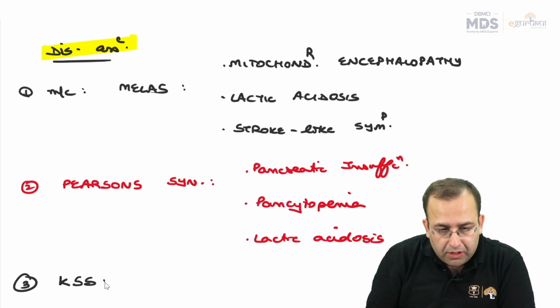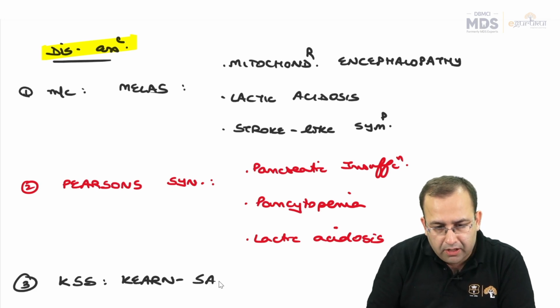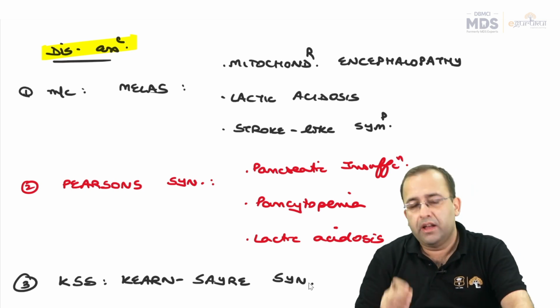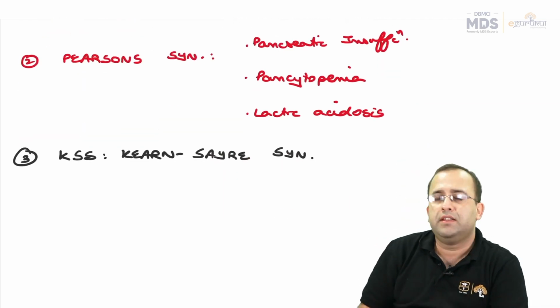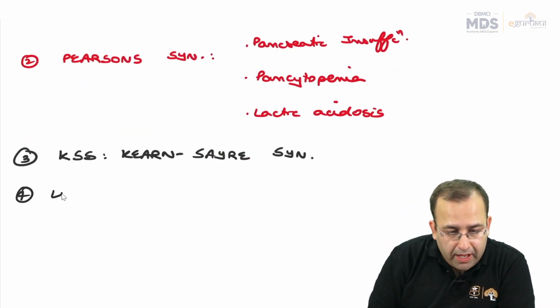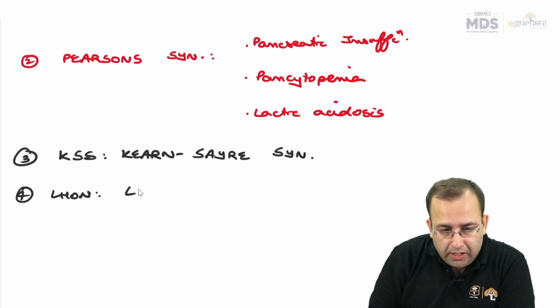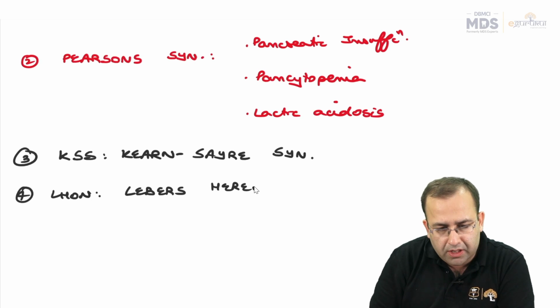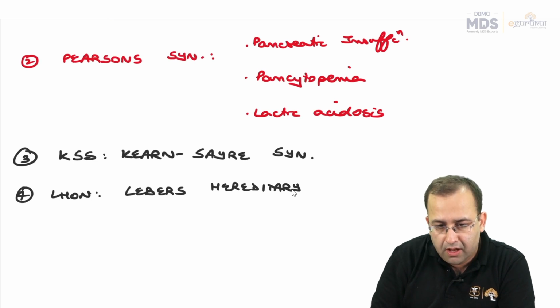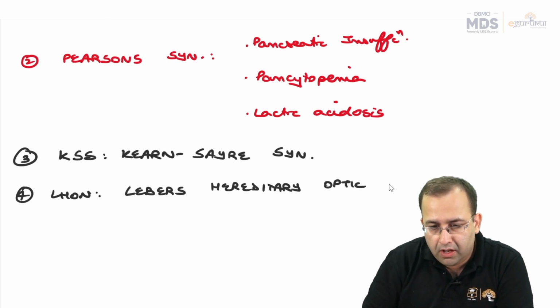Other diseases with mitochondrial inheritance are KSS, Kearns-Sayre syndrome. LHON, Leber's hereditary optic neuropathy. See, if you just see this table once or twice, you will be very much okay with it.